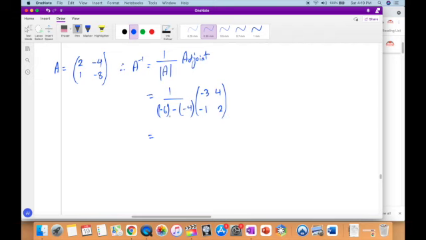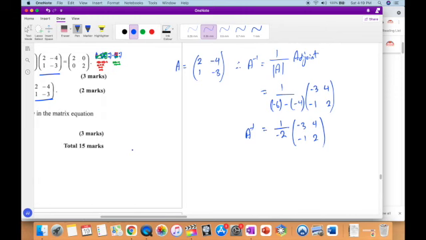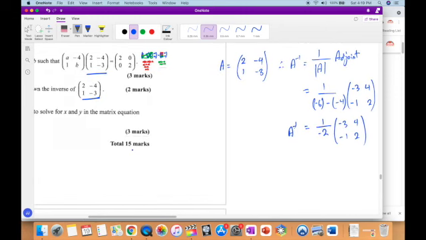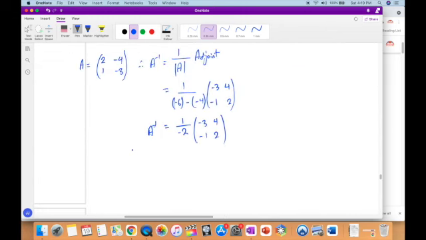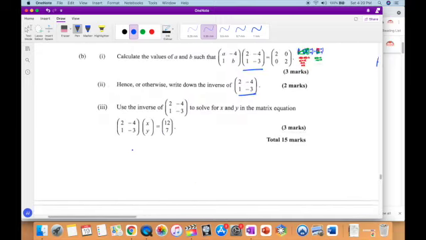So now I will get -6 plus 4 is -2. Let me know if I'm doing anything wrong. -3, 4, -1, 2, and you can leave your answer like that. This is A inverse. You can leave that determinant out there, that is no problem at all. So A inverse is simply that.